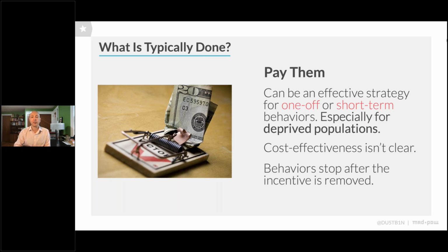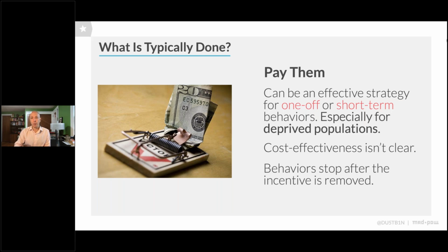However, the cost effectiveness of these kinds of techniques isn't always clear. It does tend to get expensive to keep people adhering to treatment and continuing to pay them, or even when they attenuate to a certain payment, having to amp up or increase payment to keep motivation going, right?